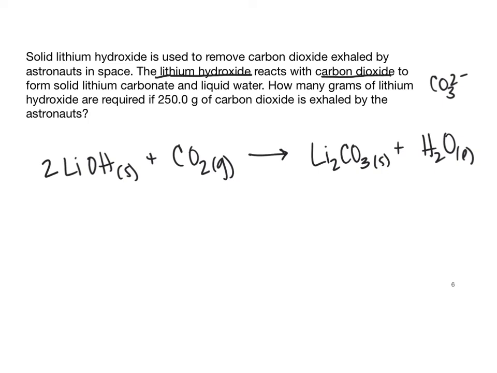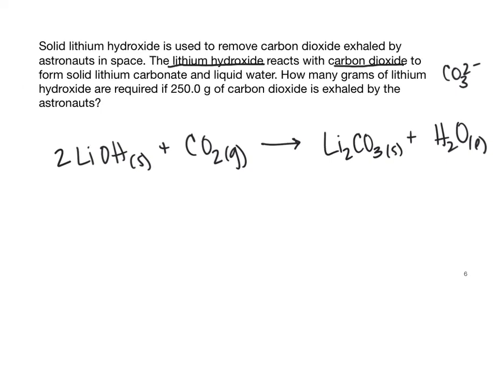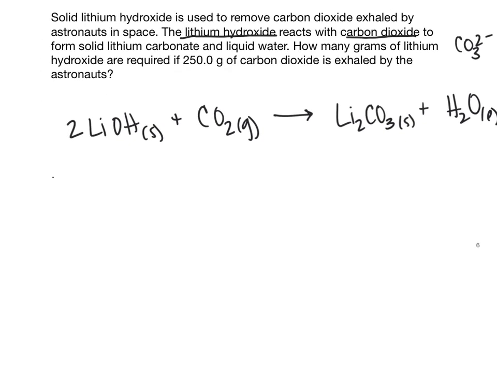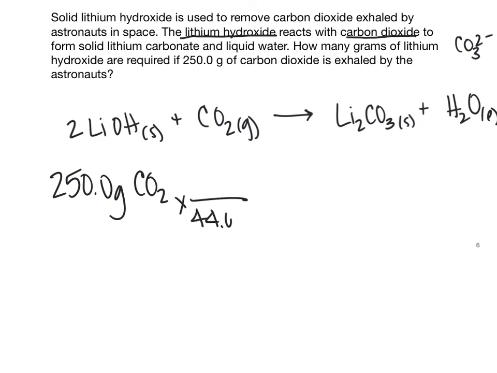Now we can do what this is asking us to do. We're going to take our 250 grams of CO2. We're asking how much lithium hydroxide we need, so we're going to convert the CO2, which is one reactant, to the other reactant. The molecular weight of CO2 is 44.01 grams in 1 mole of CO2.